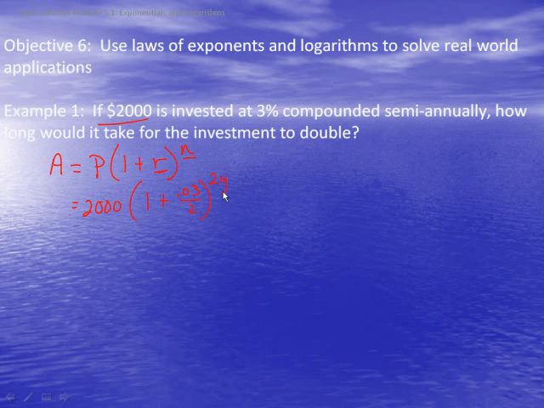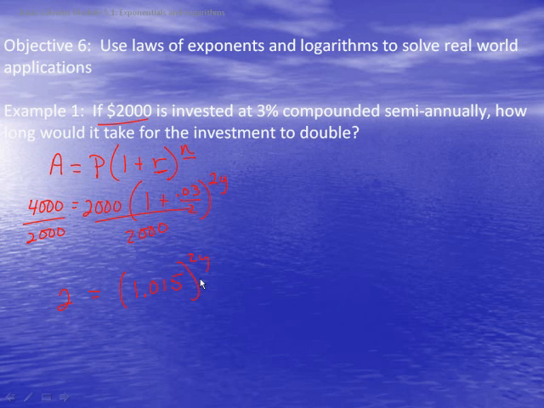So like if I did it 1 year, it would be 2 times that it was compounded. And we need to make $4,000. Okay, now here I can divide both sides by 2,000. So that'll give me 2 is equal to, and then the inside of this is going to end up giving me 1.015 to the 2y.